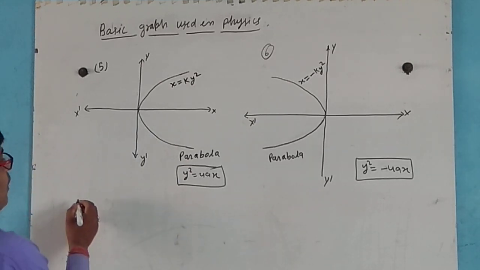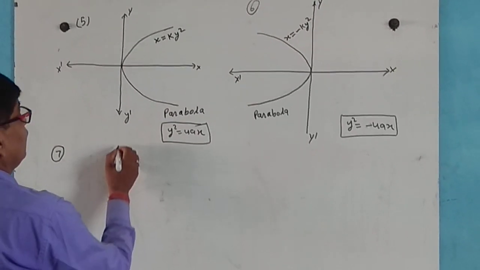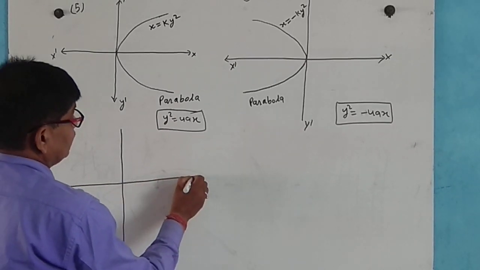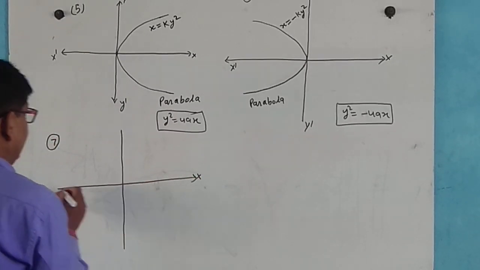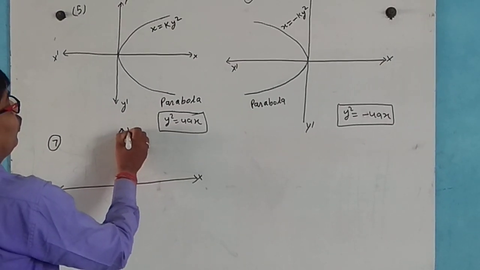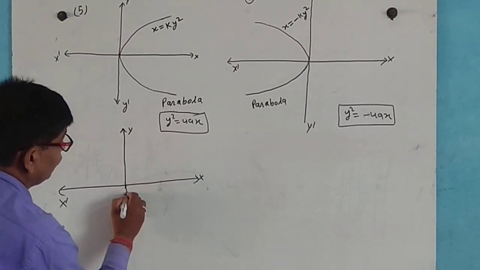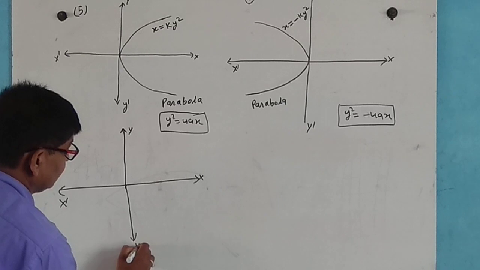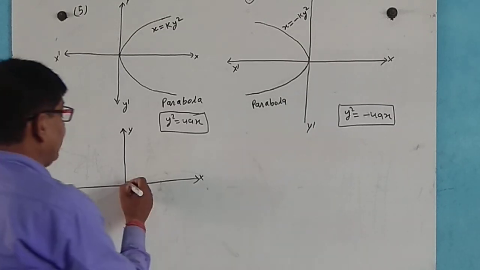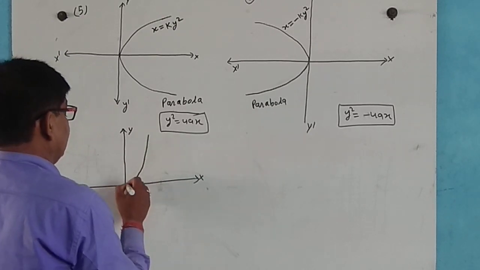Now the seventh figure. This is x dash, and here y and y dash. Now the mouth of the parabola is in the up direction.